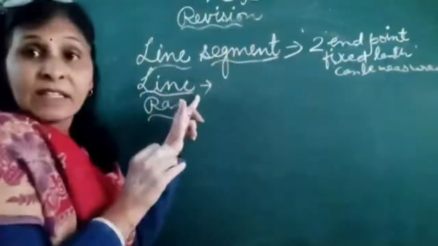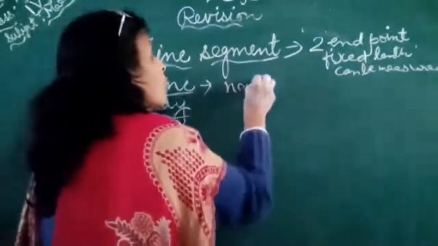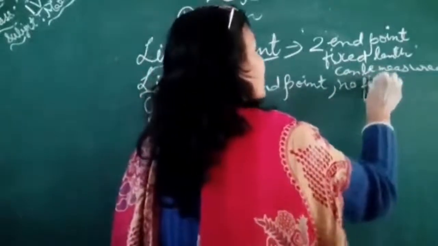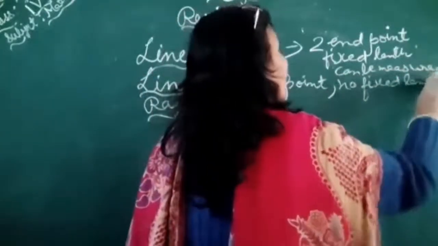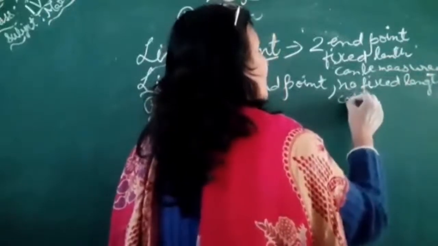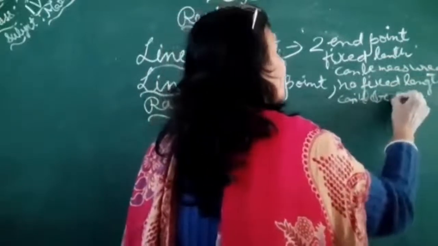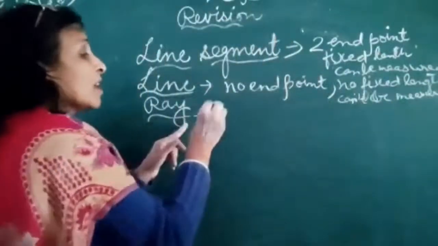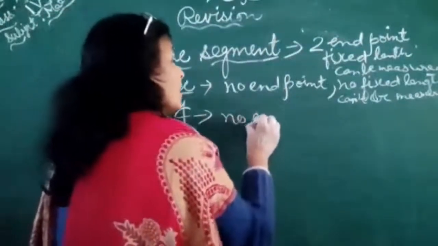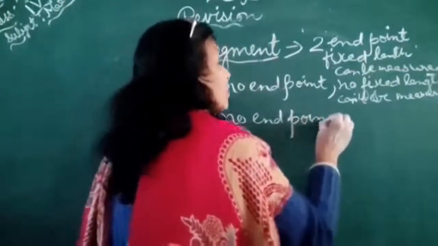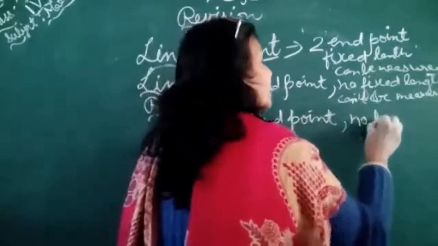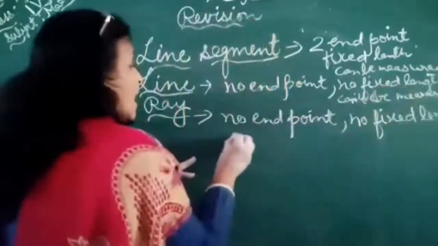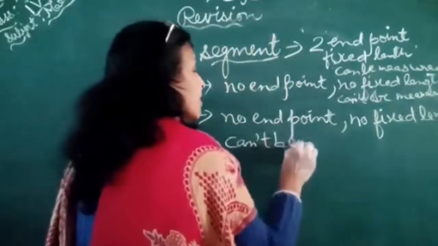Whereas in line, it has no end point, no fixed length, and it can't be measured. And in ray, also no end point, no fixed length, can't be measured.